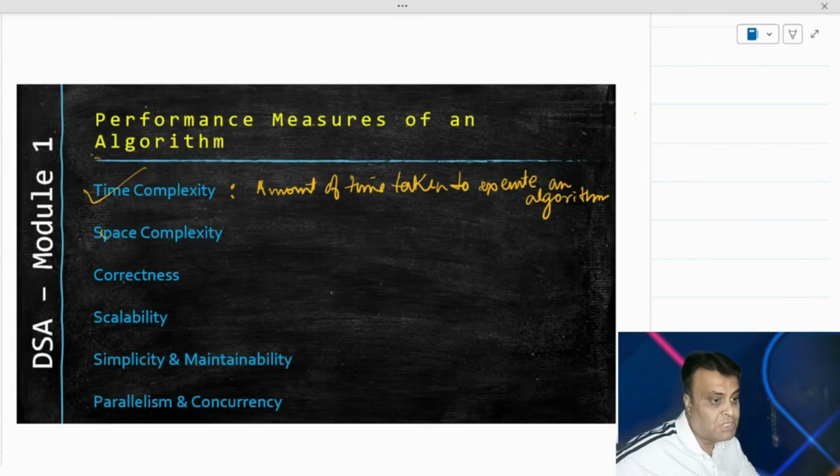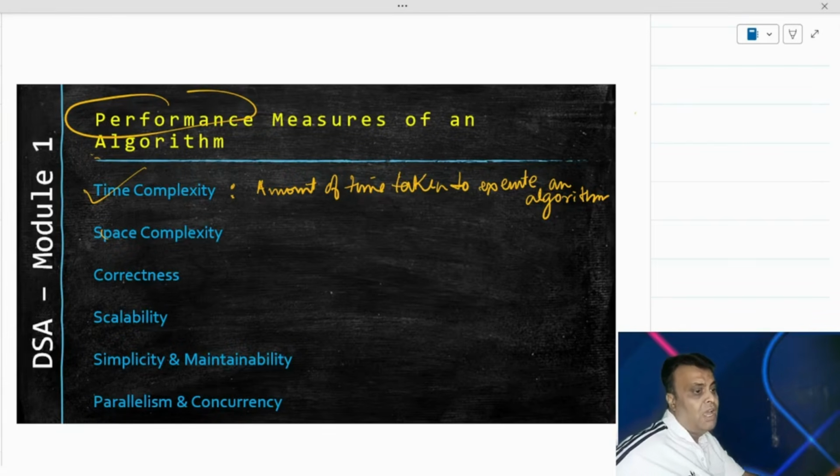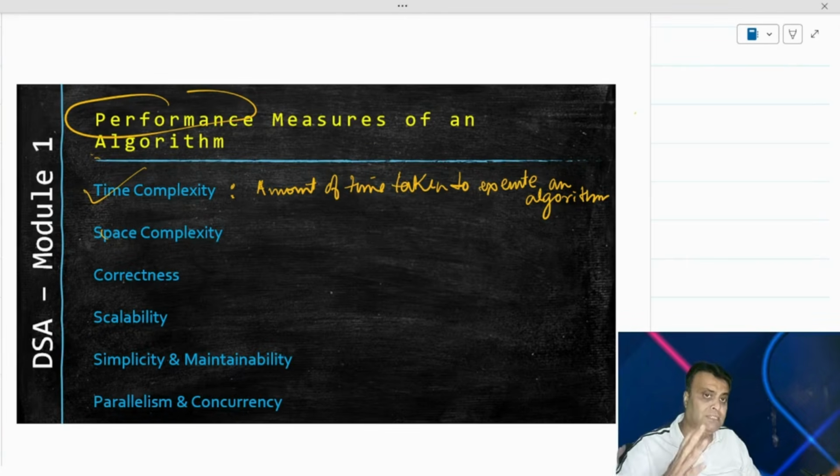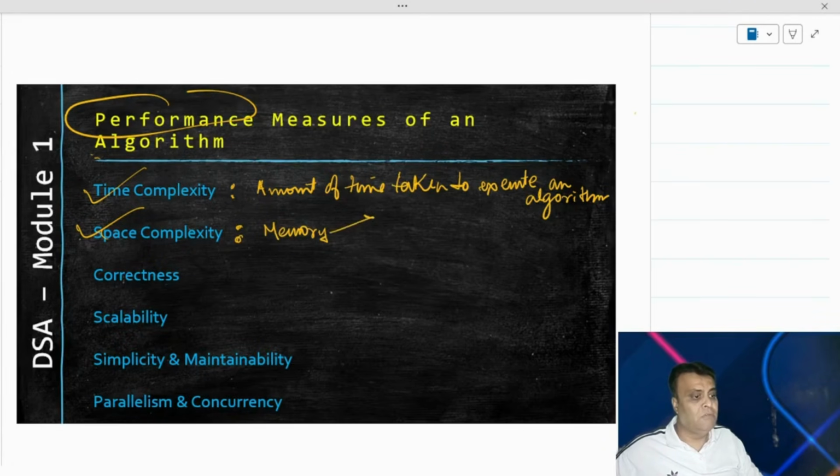My performance measure will not be good compared to yours. So time is one axis of finding out whether I have created a good algorithm or not. How about memory? Did I use much memory? If I have access to indefinite memory and I start using it, whereas you only use a limited amount of memory, right?